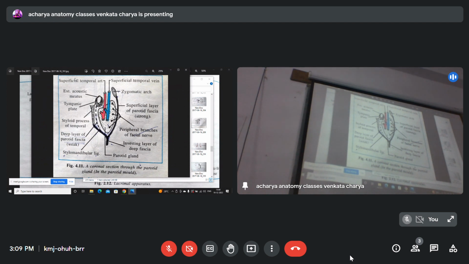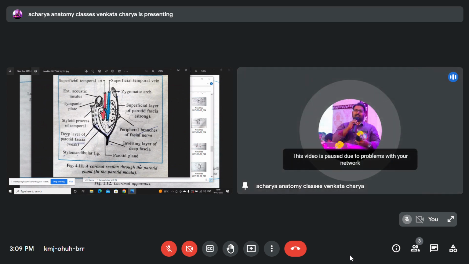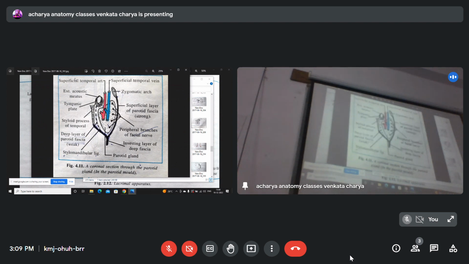That is a true capsule. Next, false capsule is formed by the investing layer of deep cervical fascia.